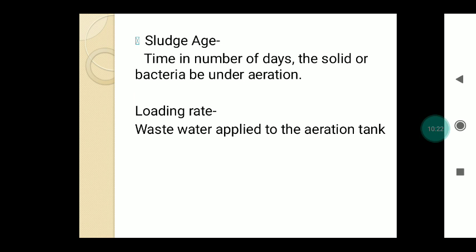This is the time in number of days that the solids or bacteria are under aeration conditions, that is, the age of that particular sludge. And the last term is the loading rate, that is, the wastewater applied to the aeration tank.